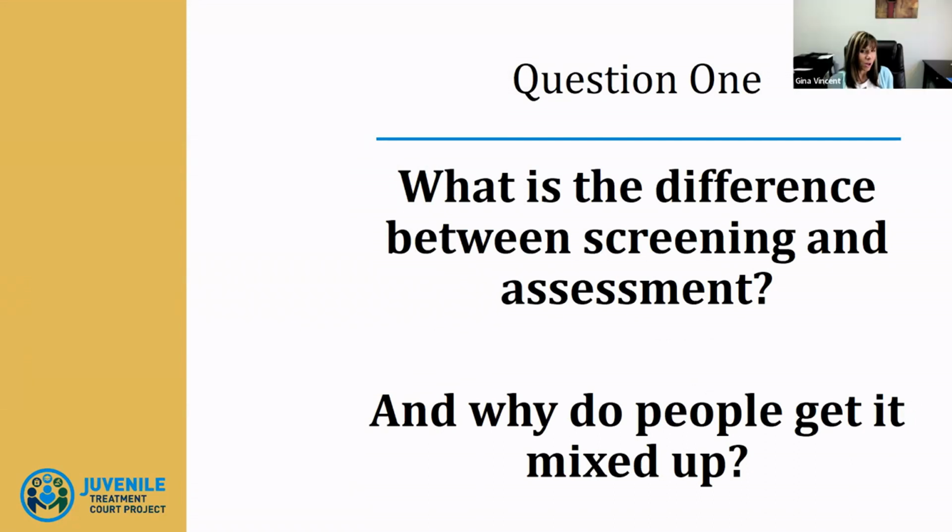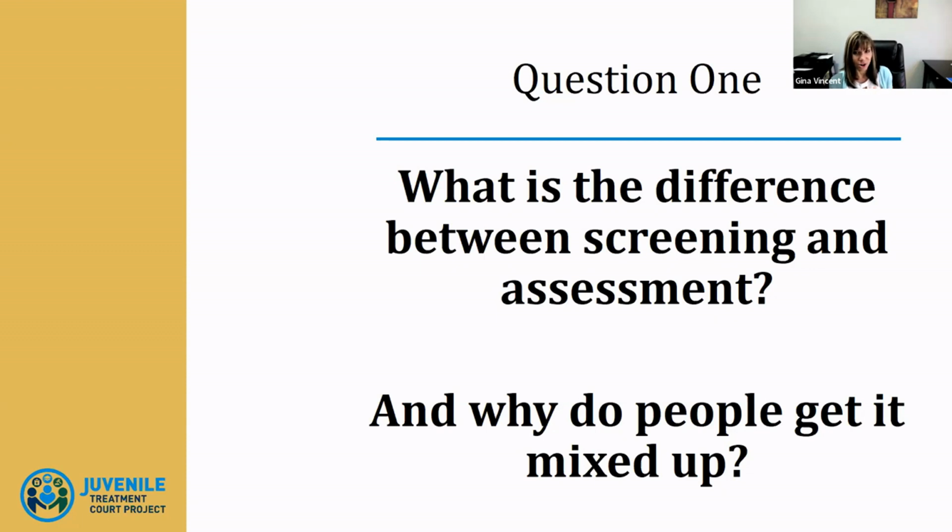Here's how I typically respond to that: it's really based on your resources. If we're talking about risk, assessments are always better than screens. They're always going to give you more information. If you have the resources to do an assessment on every youth, I would generally recommend doing that.